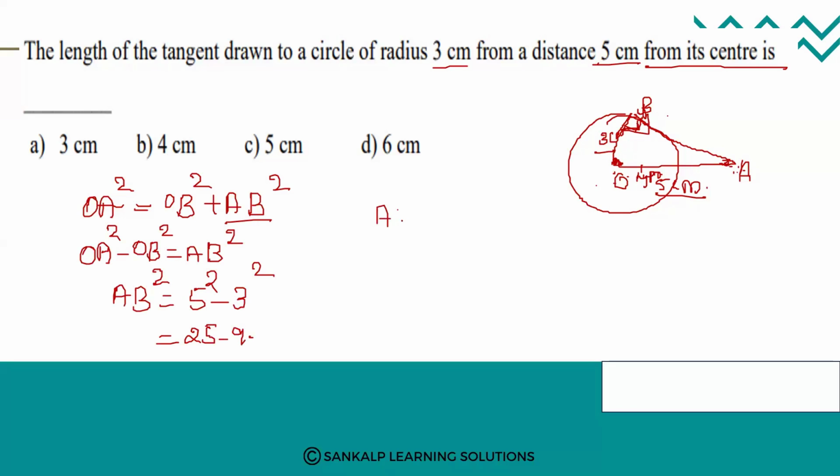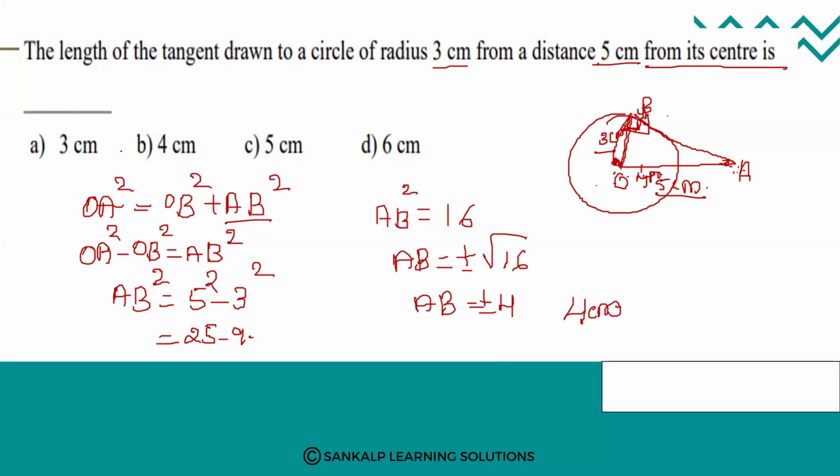So AB square is equal to 16. That means AB is equal to square root of 16, which is 4. This is plus or minus 4. But the side of a triangle cannot be negative. Therefore, we are taking only the positive value. That means AB is 4 centimeter. The length of the tangent.